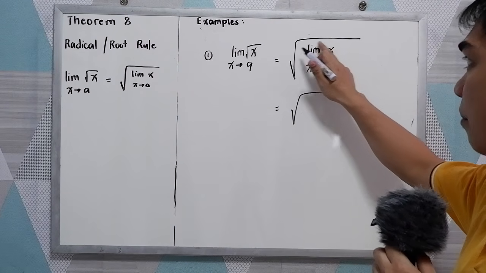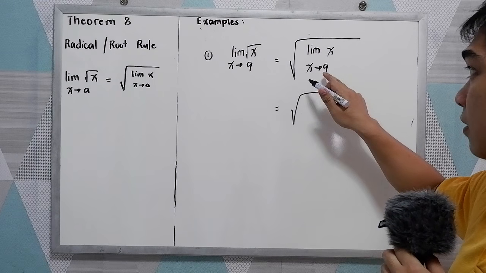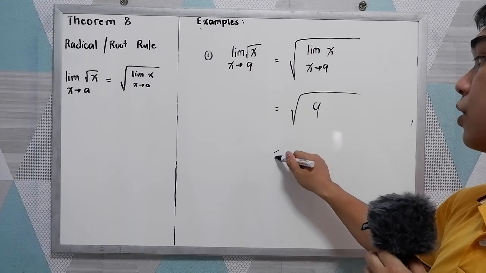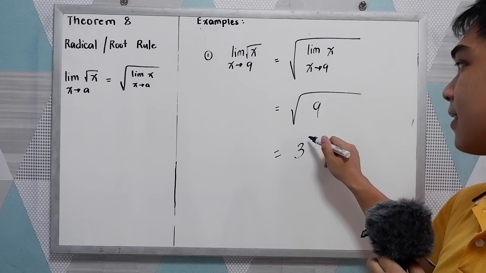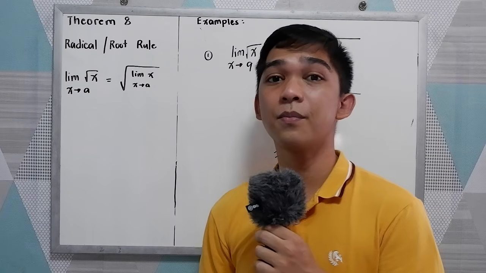Following our theorem number 2, so the limit of x is just equal to where we are approaching, that is 9. So square root of 9, that is, square root of 9 is 3. So that is the theorem number 8.